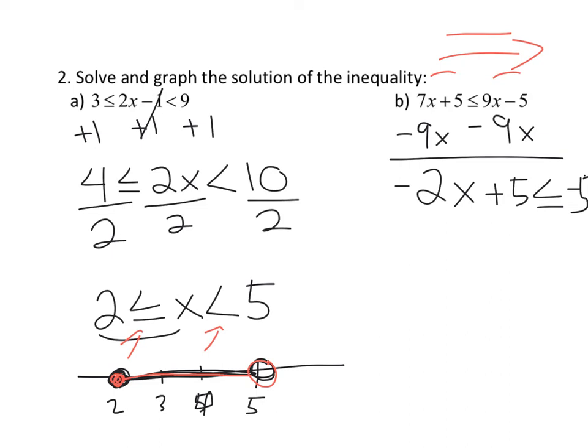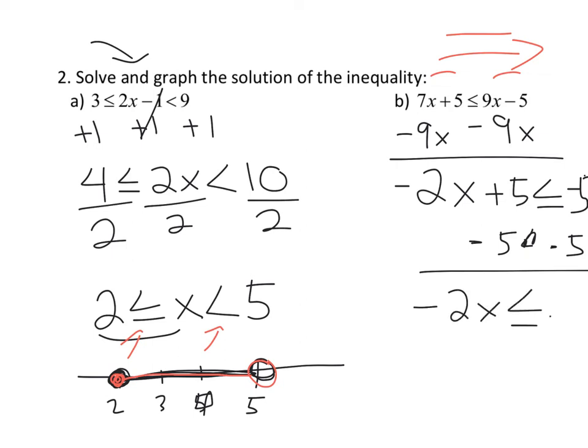Now I'm following the same steps as I did in part A. I need to get this x by itself. So what's happening to it? It has a plus 5, so let's get rid of that by subtracting 5 from both sides. So here I have negative 2x less than or equal to negative 5 minus 5, which is negative 10.